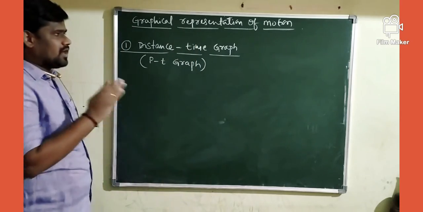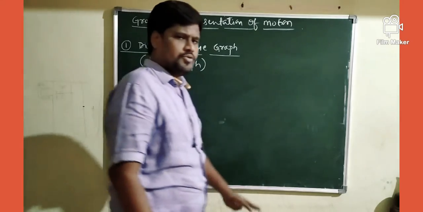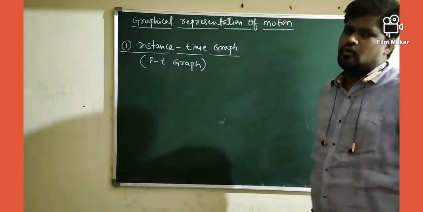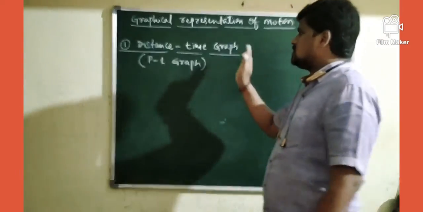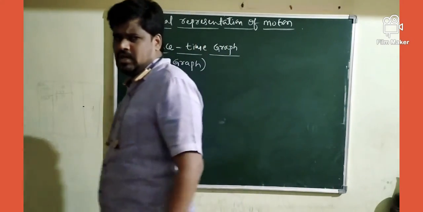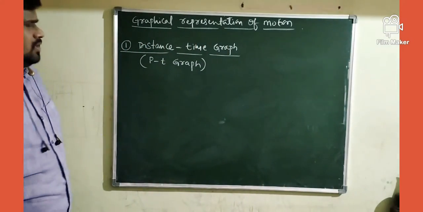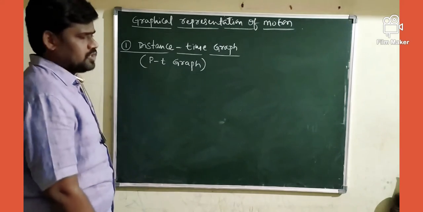The first graphical representation of motion, the graph related to motion, is the distance time graph, or we will call it a position time graph. So how are you going to draw the position time graph?